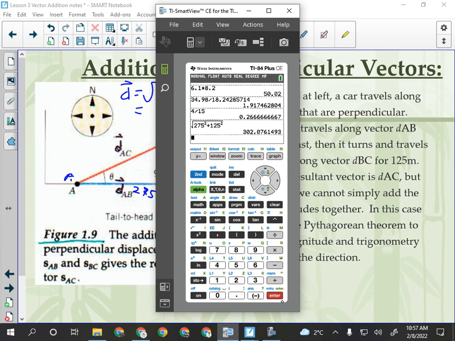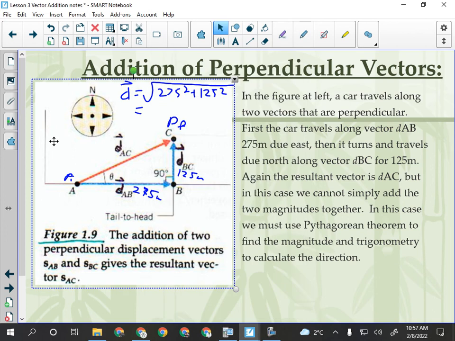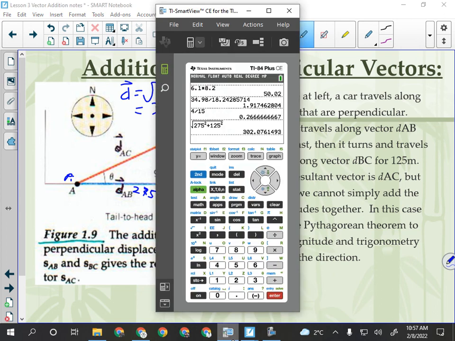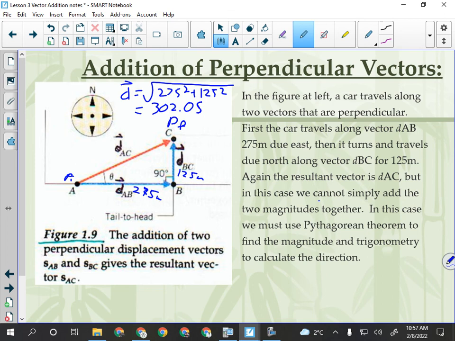Okay, so my total displacement is 302.08 meters. I'm keeping all those decimals in my calculator for later. Is it meters? Yeah, meters. Okay, so there's the magnitude.